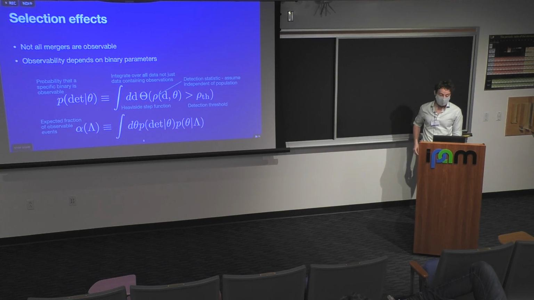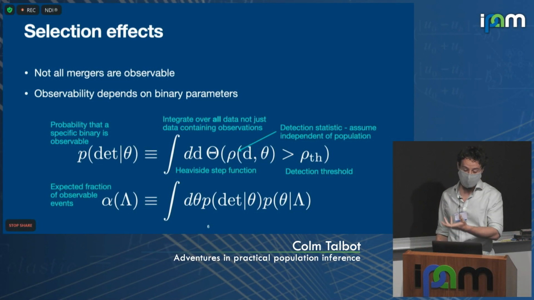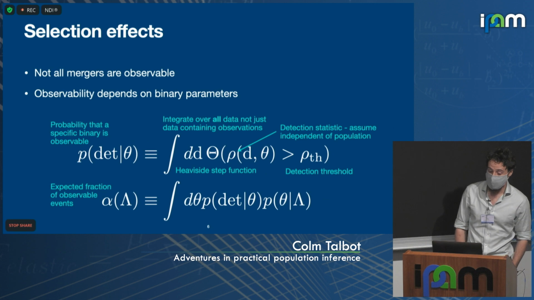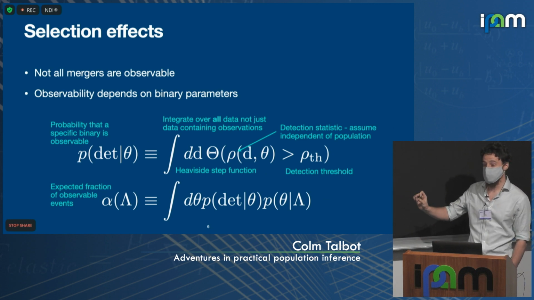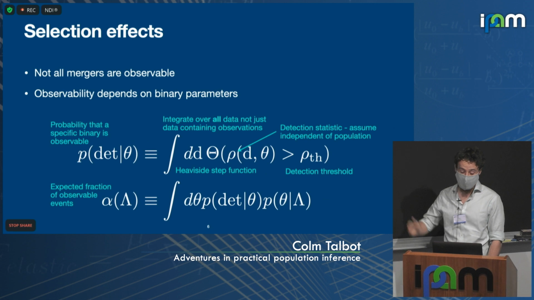So this depends on the choice of population model. And then above that, you can say what's the probability that I'll detect a binary with some specific set of parameters. Turns out to get that, we have to integrate over all data. Crucially, this is not just the data containing the observations. So you can't just look at 4 seconds around each observation to calculate your selection effect. You have to integrate over all of the data you have.